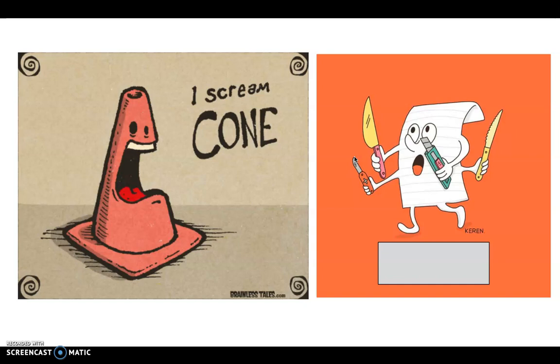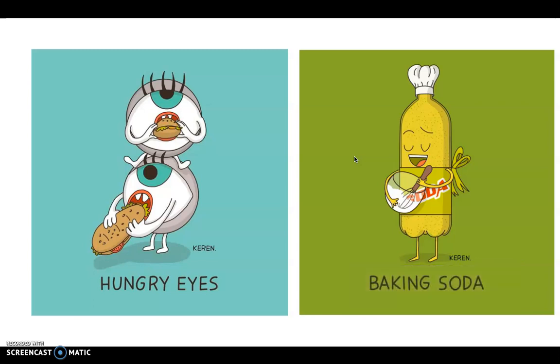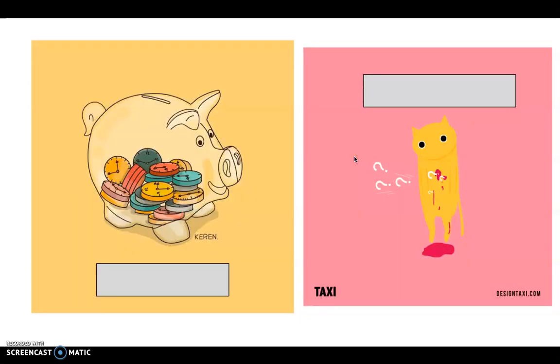He's holding sharp objects, paper cut. We have eyes. They're eating sandwiches. Hungry eyes. We have a bottle of soda, and he's cooking. But is he just cooking? No, he's baking. Baking soda. Got a piggy bank. When we look closer, it's not coins, it's clocks. Saving time.